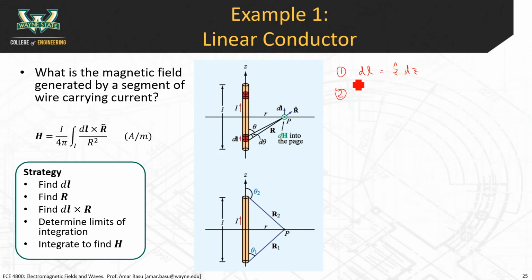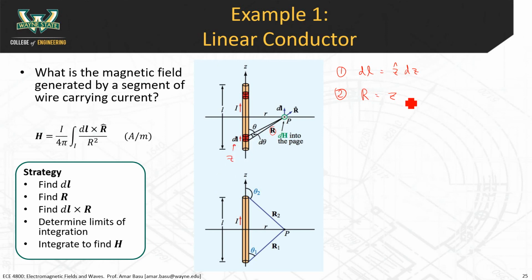So we can write out what this vector r is. A vector has two components. You go in the up direction and the right direction. So for this vector r, we have to go up and then across. Imagine that this dl is at some point z.